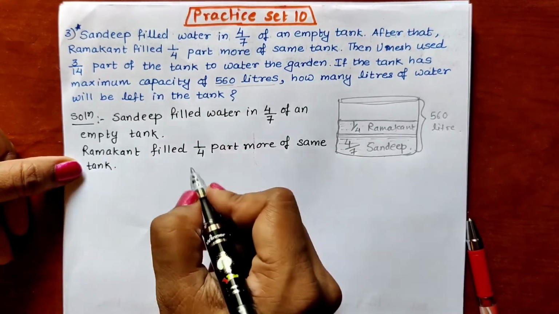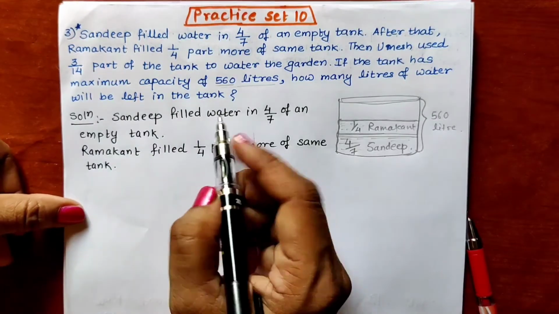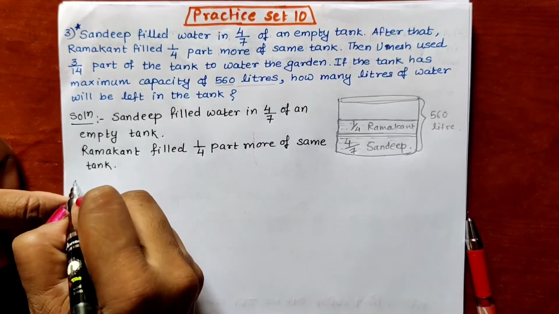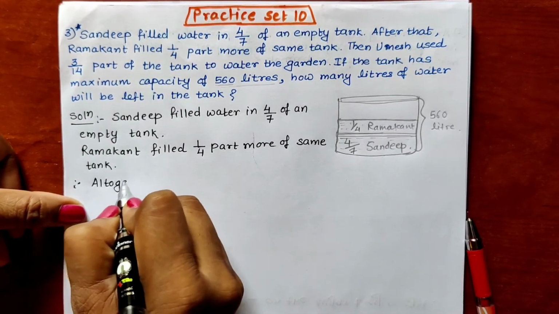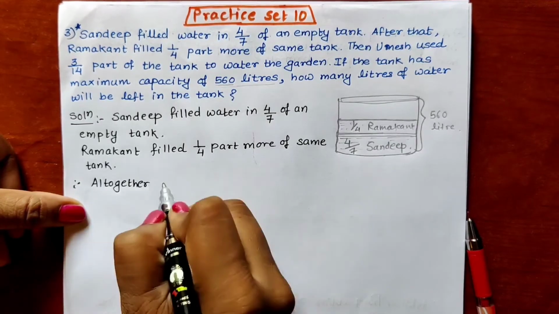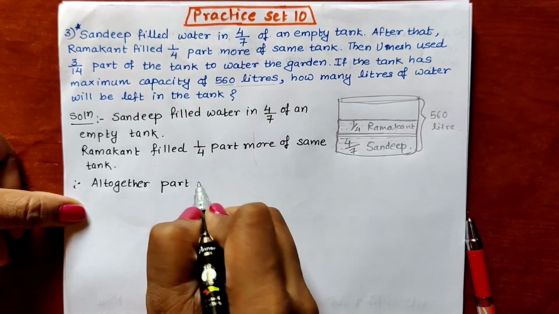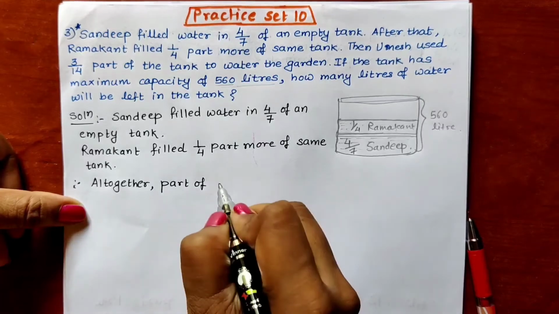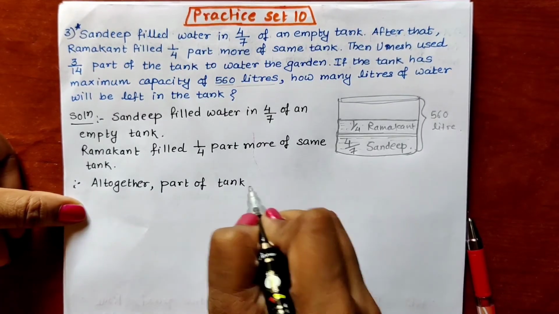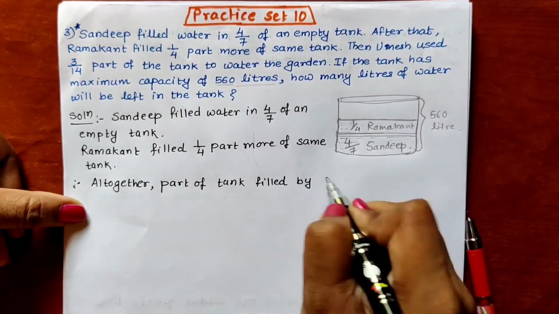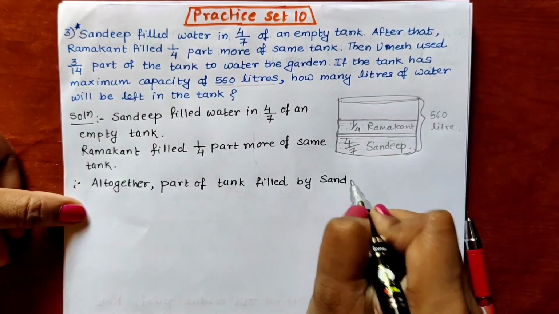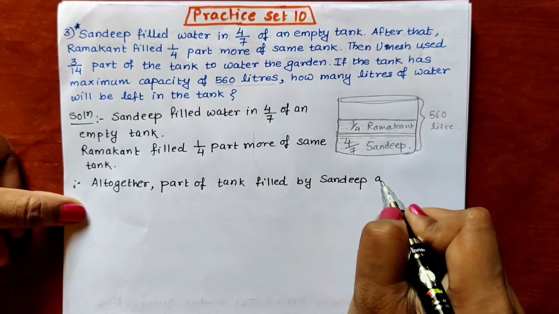Okay, so we find out the total part filled by Sandeep and Ramakant. Therefore, all together part of the tank filled by Sandeep and Ramakant.